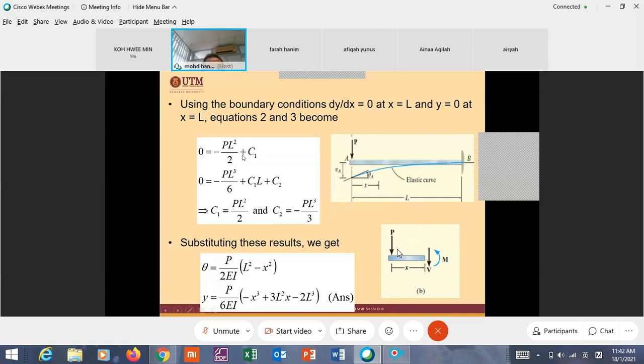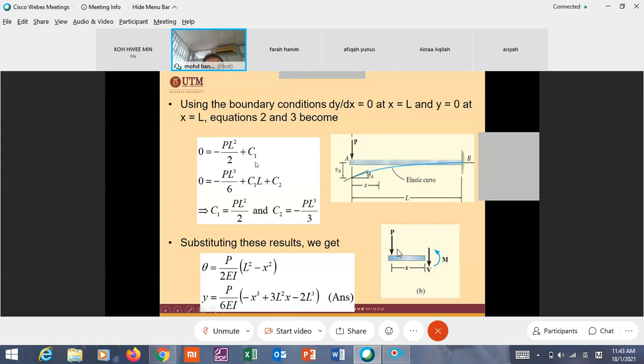Okay, so this is the equation. At x equal to L, slope equal to 0, therefore this is 0. Also, at x equal to L, deflection is equal to 0, therefore here is 0.